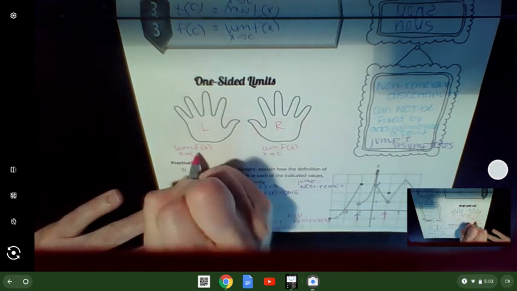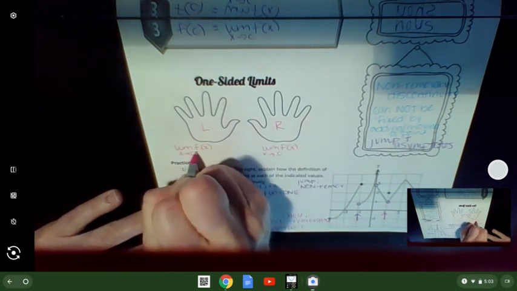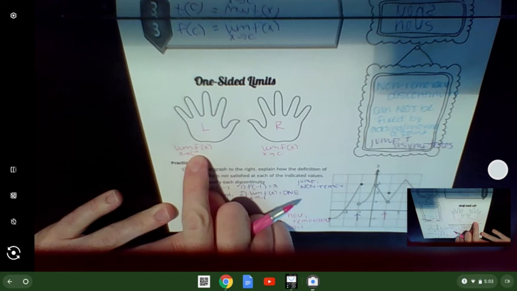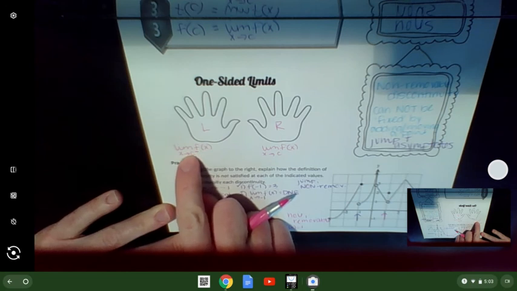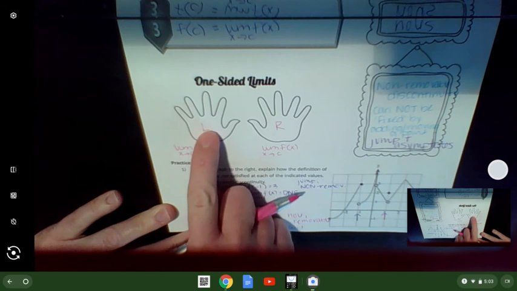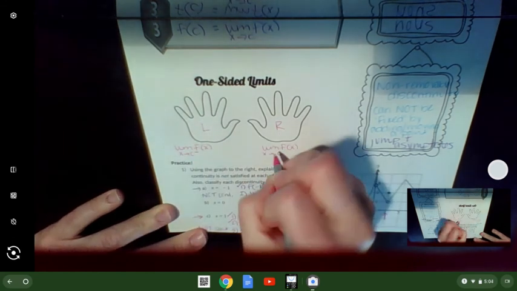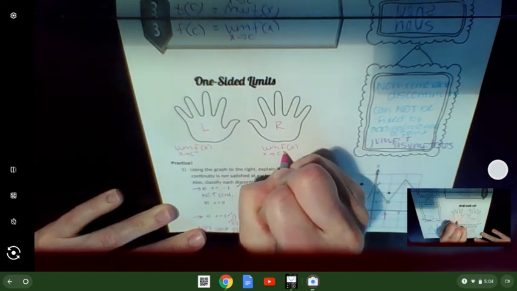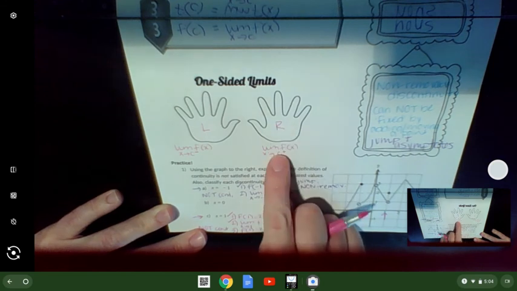The limit as you approach from the left, all you're going to see is this tiny minus sign up by the constant you're approaching. And that minus means from values less than that x value in question. So that minus sign means a limit as you approach from the left. And a little plus sign up there means as you approach from the right, or from values greater than that constant.